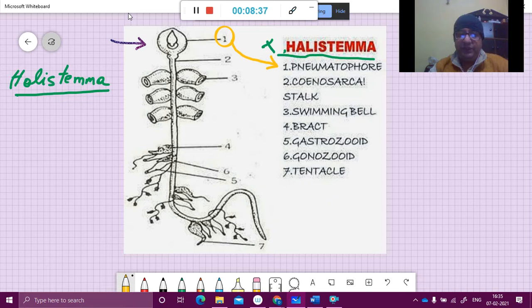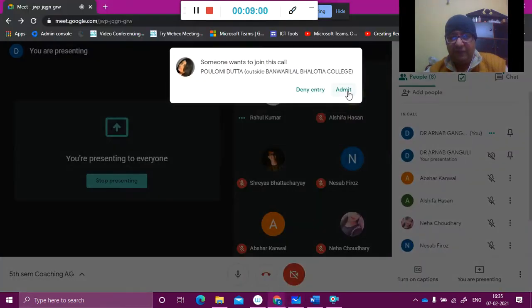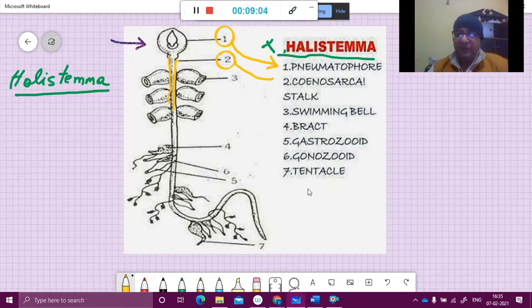Number 2, this stem which you see going around like this, is known as the Siphonosome or Siphonophore stem.